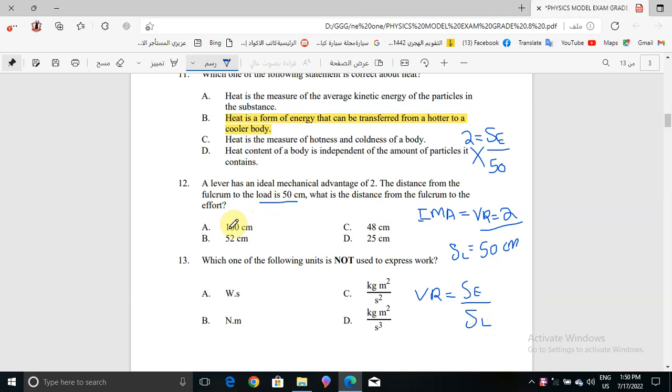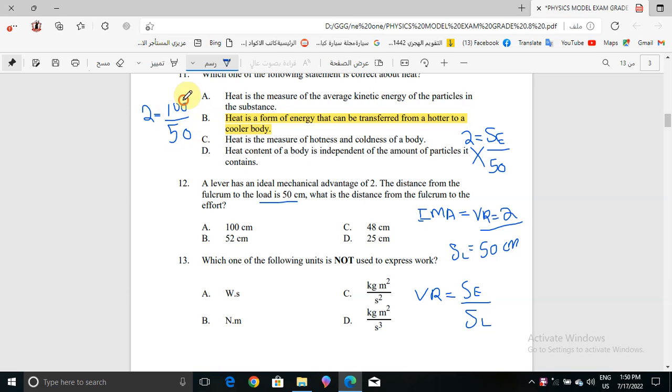No, actually it will be 100 centimeter. Why? Because 2 times 50 is 100. SE is equal to 100. And we can also check here: velocity ratio is 2, over what? We have SL 50 and SE 100, so 100 over 50.